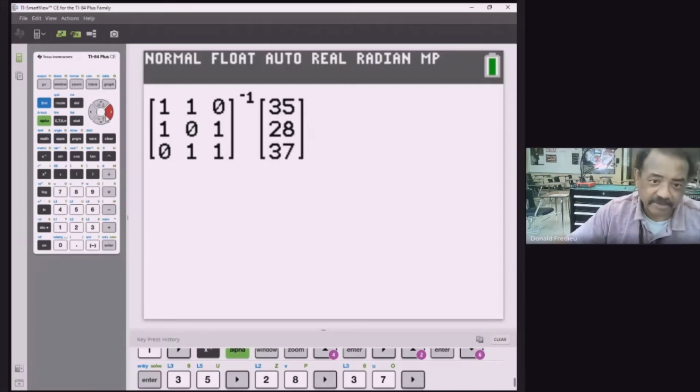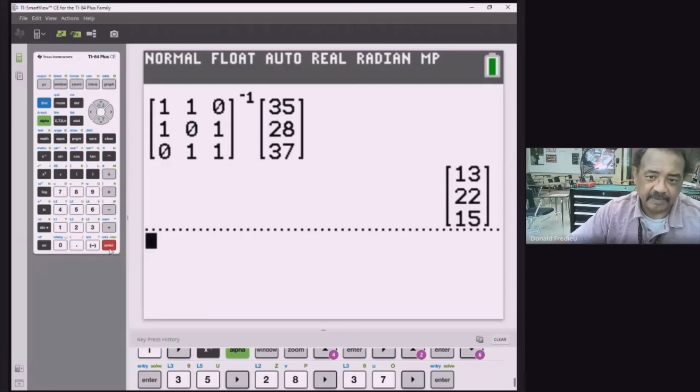Let's double check our numbers: 110, 101, 011, 35, 28, and 37. So the answer should be 13 of A, this is A, 22 of B, and 15 of C. Now notice this has to be in the same order as you wrote the equations.